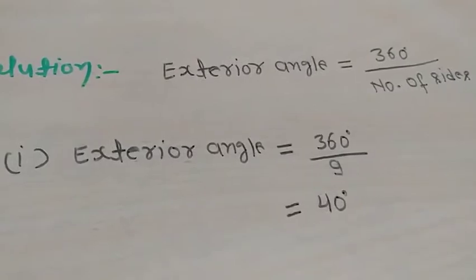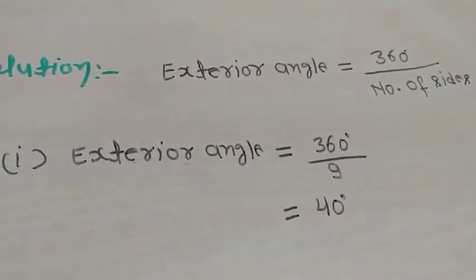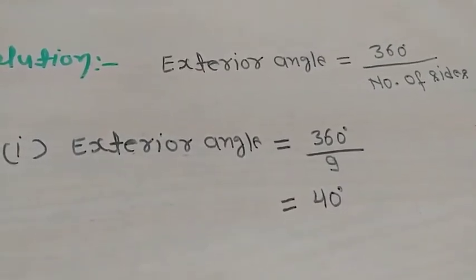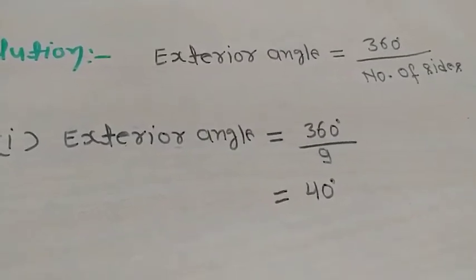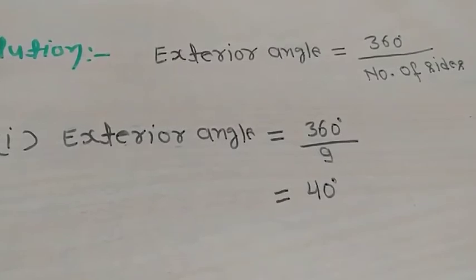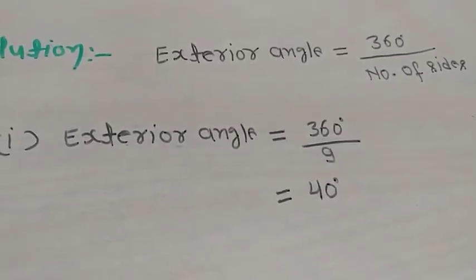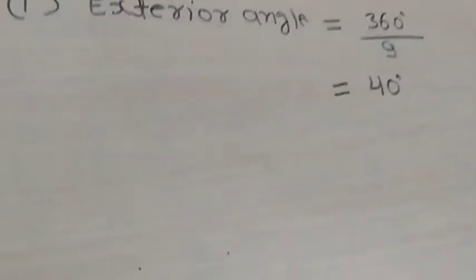Okay, if you need to find the interior angle, interior angle plus exterior angle is 180 degree. If you subtract the exterior angle from 180 degree, then you find the interior angle. Okay, now the second part of this question.